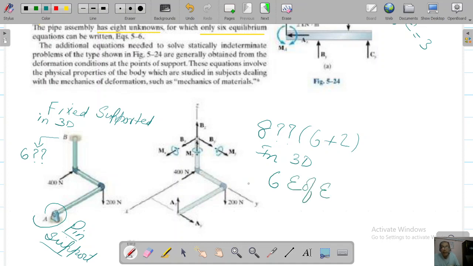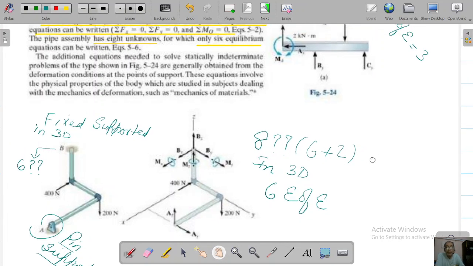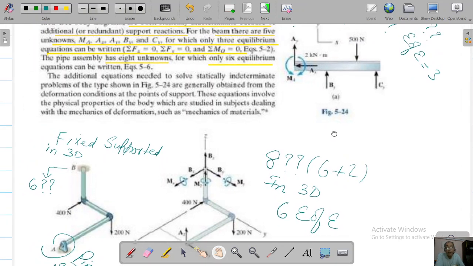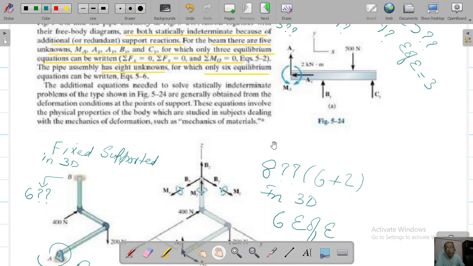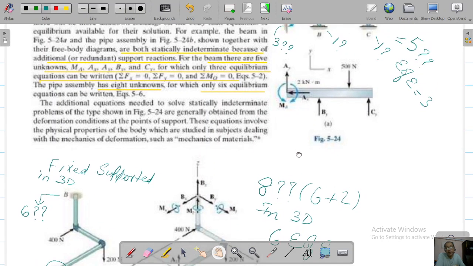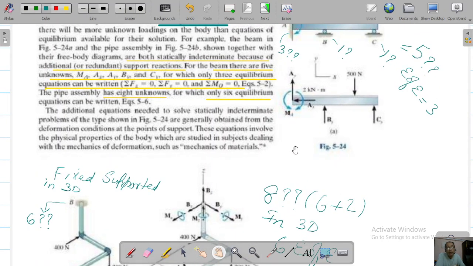So again this is a case of a statically indeterminate pipe, and it cannot be solved through our conventional static techniques. We call this 3D scenario a statically indeterminate pipe system, and since there are more support reactions than equations of equilibrium, it is called a redundant pipe system.